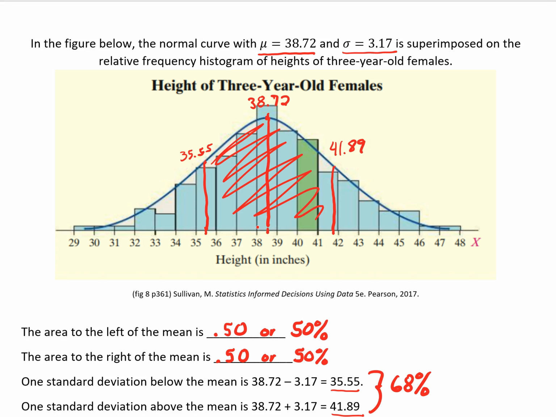Next, I'm going to look at taking more than one standard deviation below the mean. Remember, the distance between the mean and the value of 35.55 is one standard deviation, or 3.17 inches. If I subtract another 3.17 inches, I end up at 32.38.